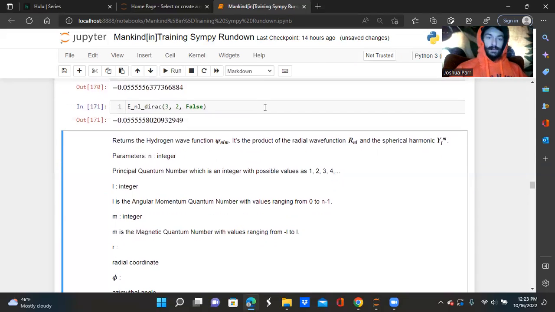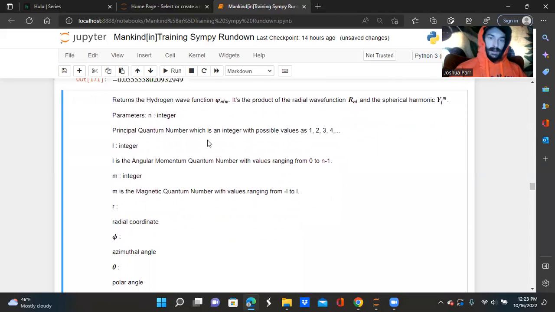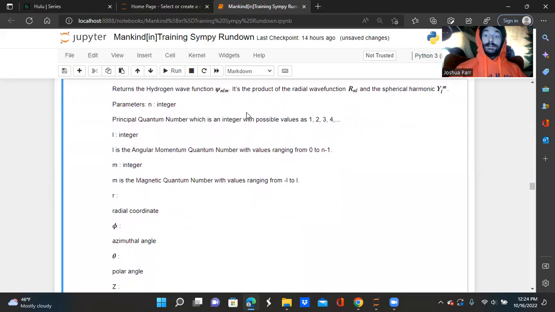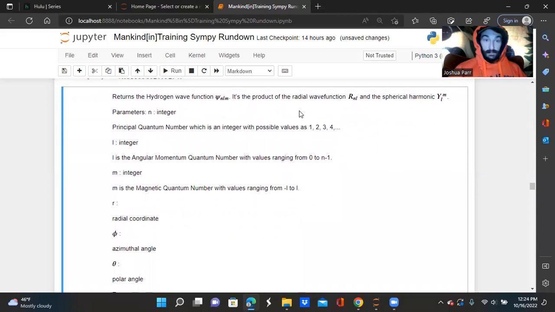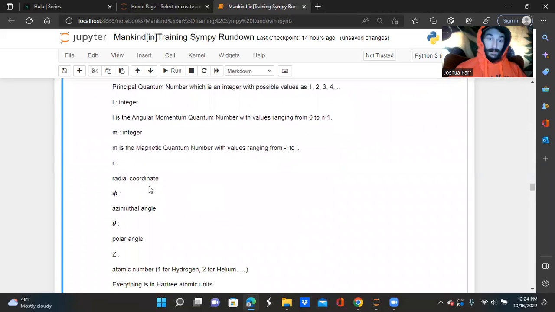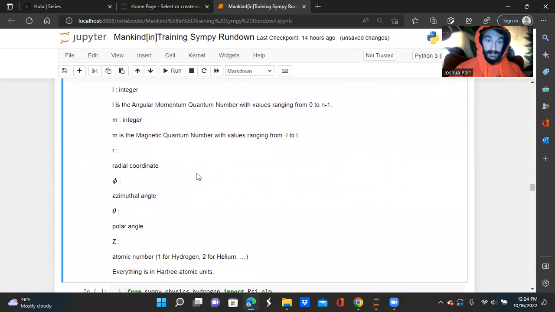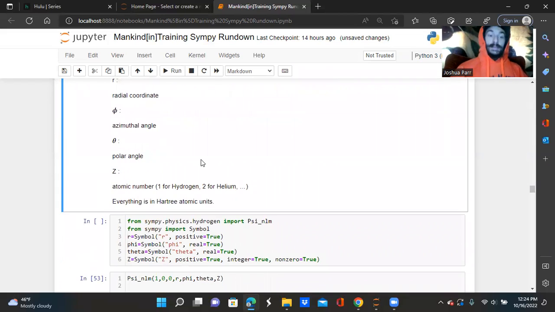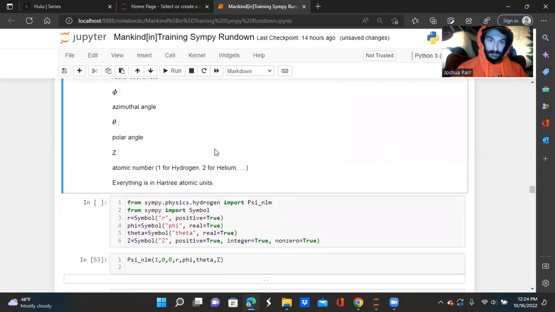So now we're into the wave function. We're returning the hydrogen wave function, NLM, the radial wave function R of NL, and the spherical harmonic Y of ML. We have the quantum number, angular momentum, magnetic quantum number, radial coordinate r, phi, the azimuthal angle, theta, your polar angle, Z, and the atomic number.